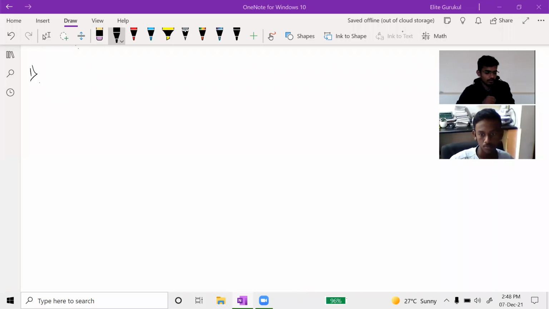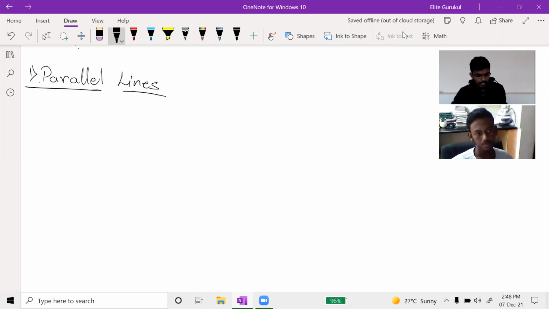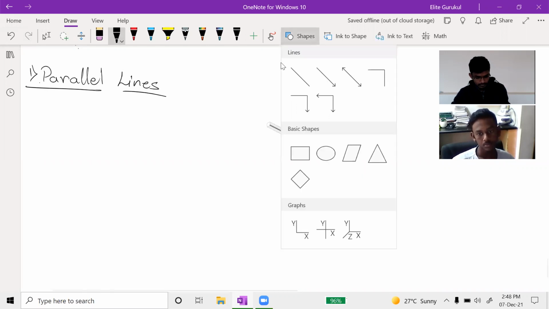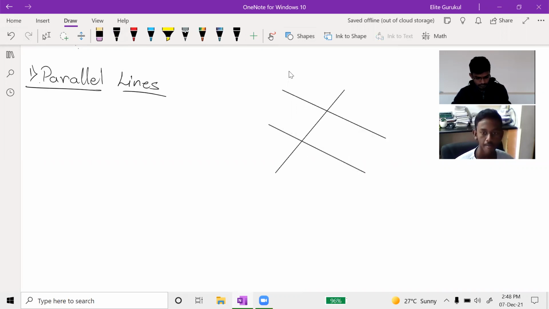Okay, so now we are going to have a quick revision on parallel lines. Parallel lines means it's like this. A, B, C, D, E, F, G, and H, right?